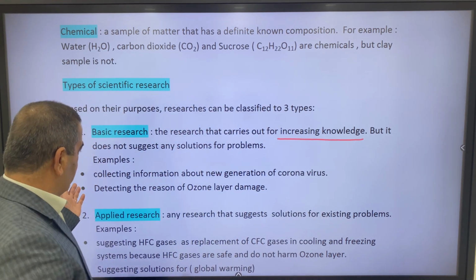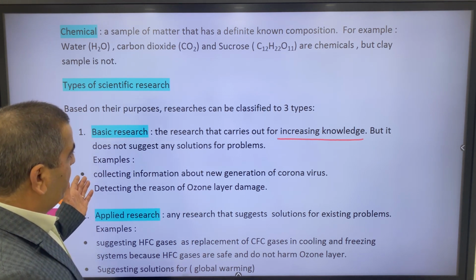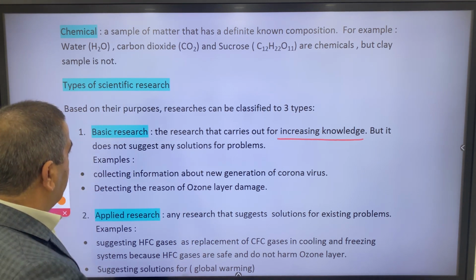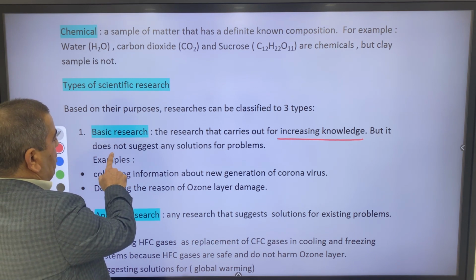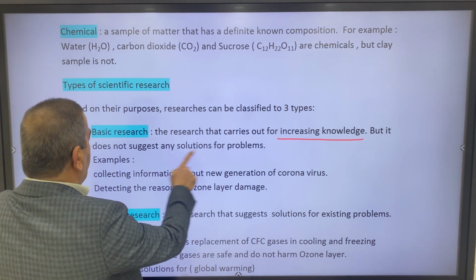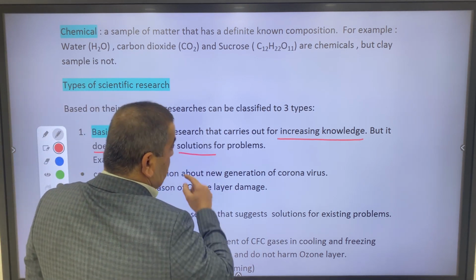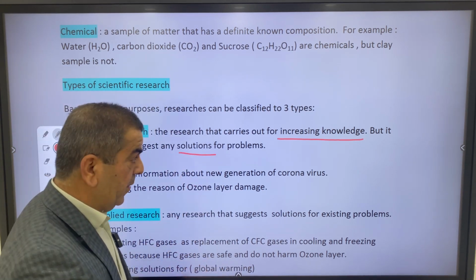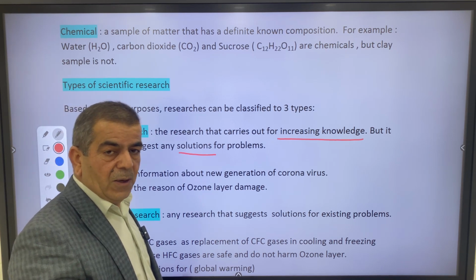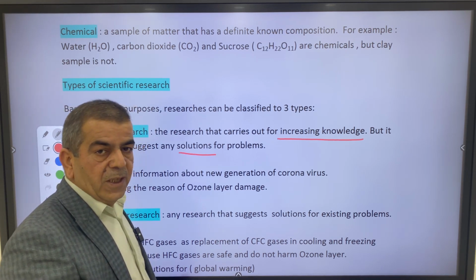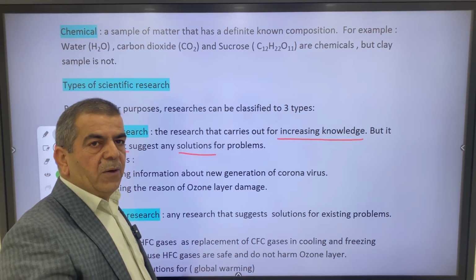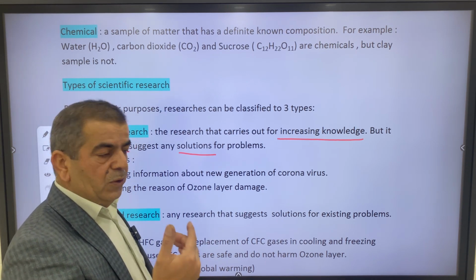Let's keep in mind, basic research does not suggest any solution for problems. It only collects information. It only increases our knowledge about a new material or about a problem or about a new phenomenon.